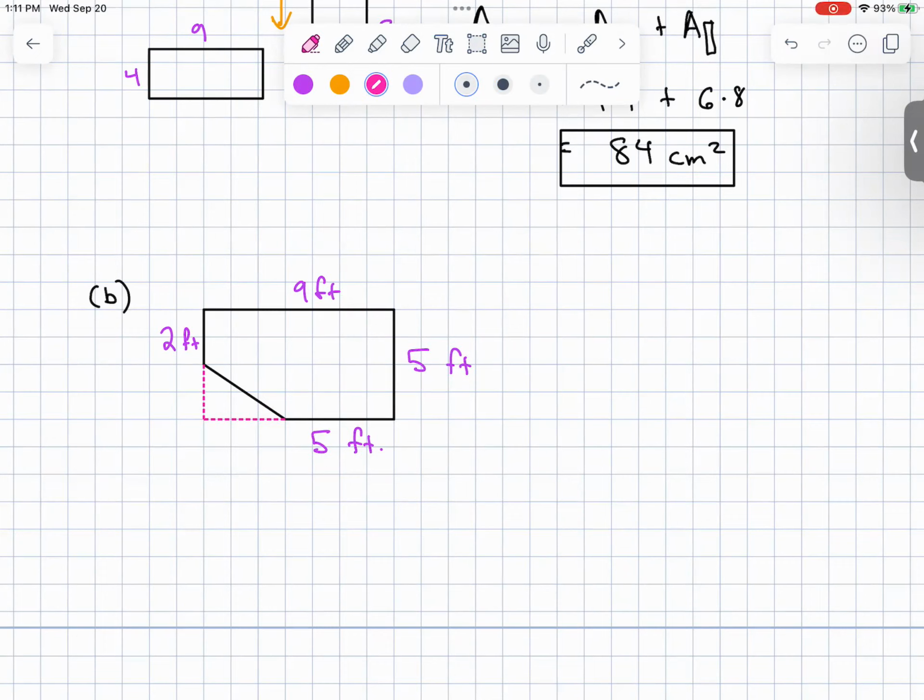Because if this whole distance is 5, then the pink vertical distance has to be 3, right? And by similar argument, the base dimension should be 4 feet, right? But that doesn't give me the measurement. That only gave me the arbitrary measurements that I created.